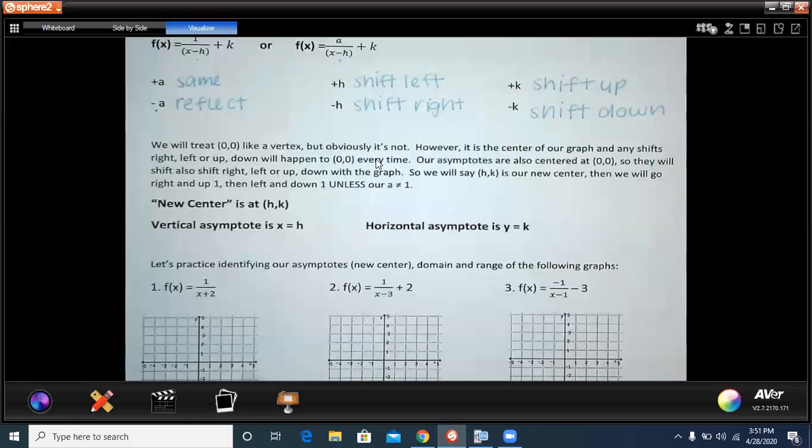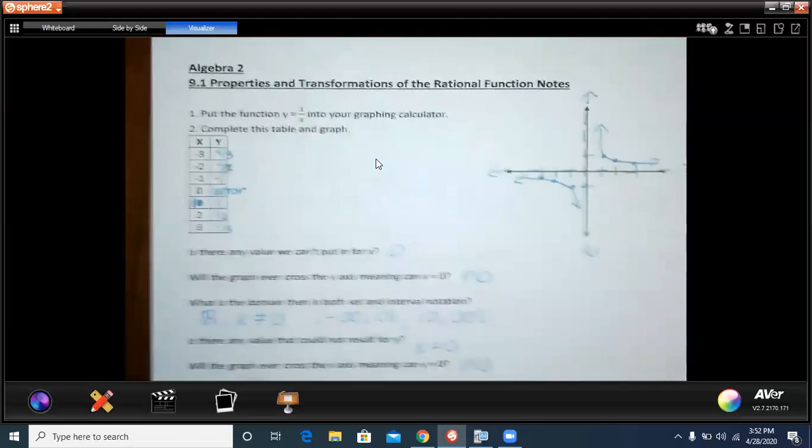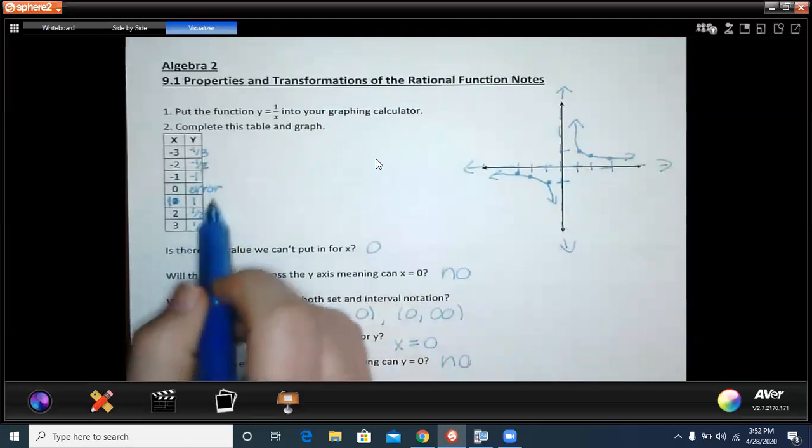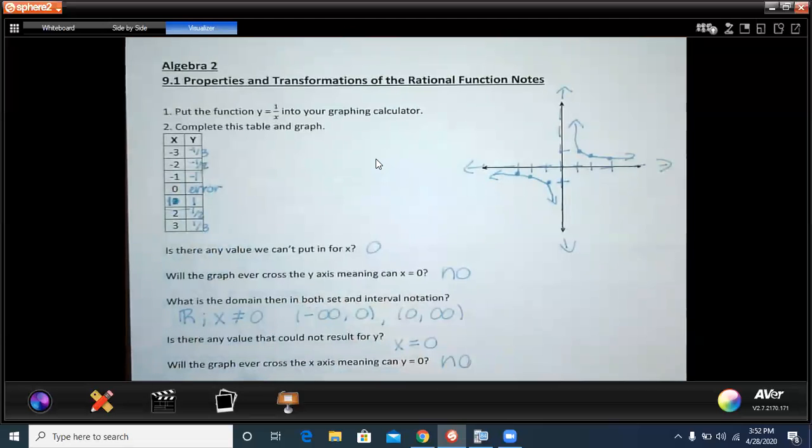So we will say that h, k is our new center, or what we said is kind of like a vertex. Then we will go right and up 1, then left and down 1, unless a is not 1. So the reason we'll go up and right 1 or down and left 1 to plot our points is because if we look at our chart here, that's where our whole number points were, right?